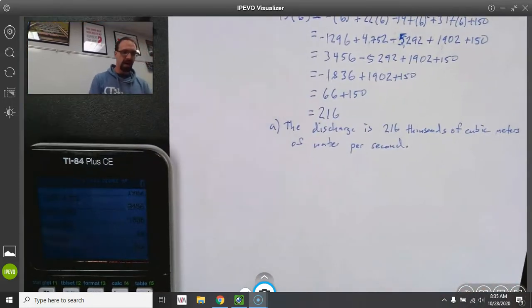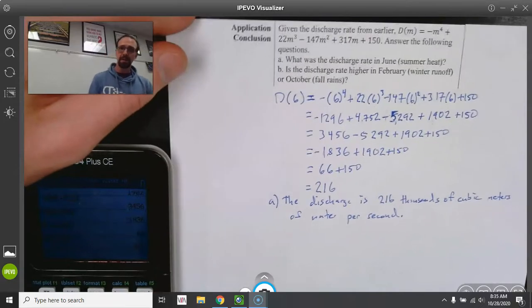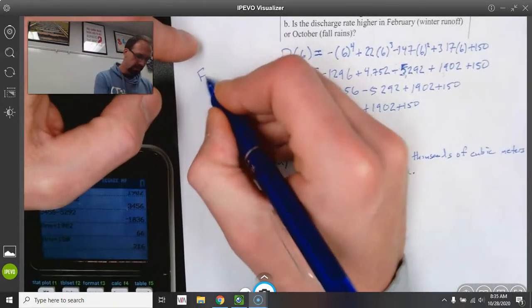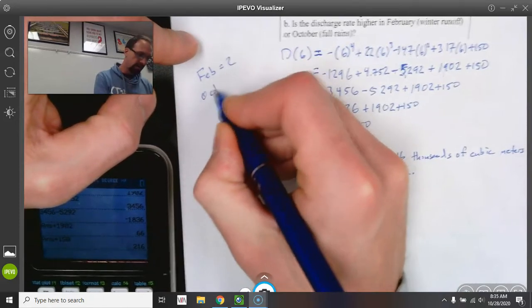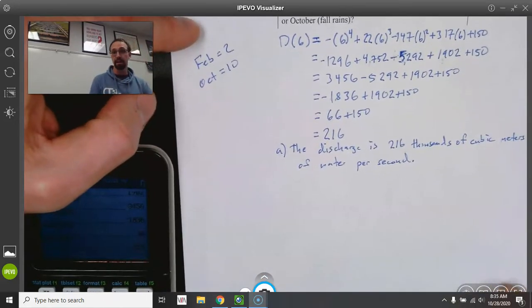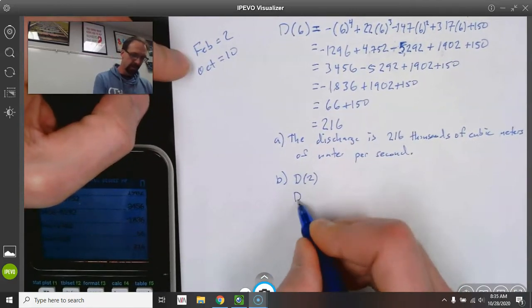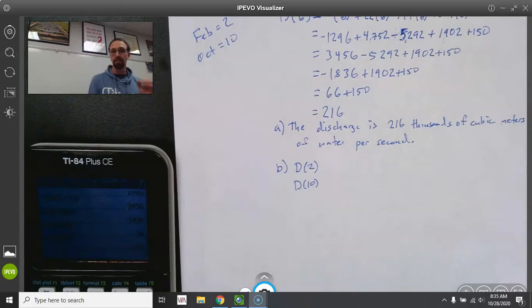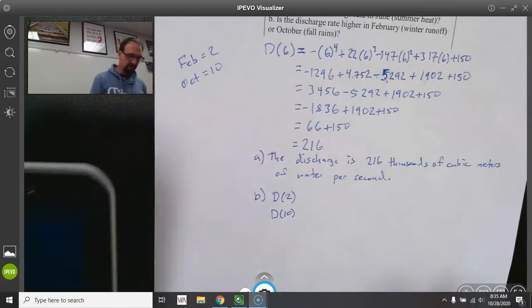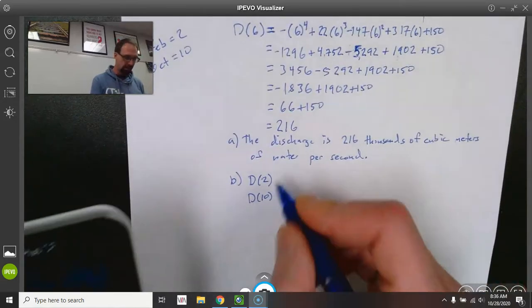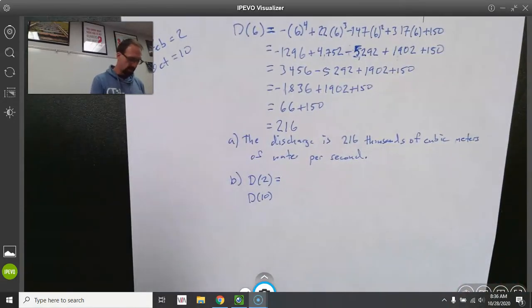And then for part B, I am now comparing the two, comparing February and October. February, I know February is the second month, October is the 10th month. So I'm going to compare them by plugging those values in. So I'm comparing D of 2 and D of 10 to see which value is greater. To not run over time in this particular video, I'm going to essentially use my calculator to find my result, and then compare them at the end.